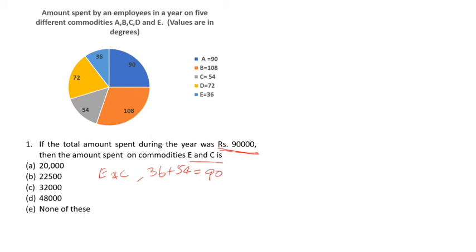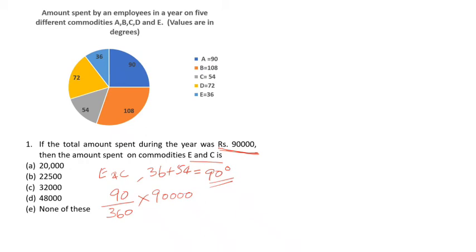So 90 degrees is the total measurement. What will be the amount equal to 90 degrees? We know how to calculate: 90 divided by the total value 360, multiplied by the amount. The amount is 90,000 here.